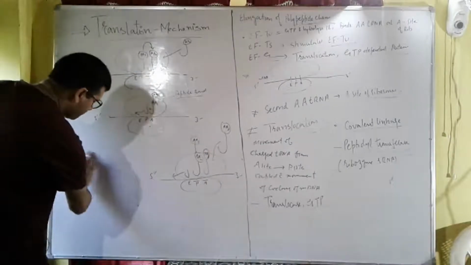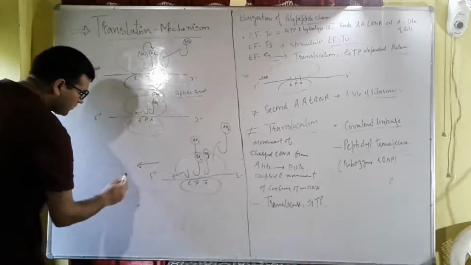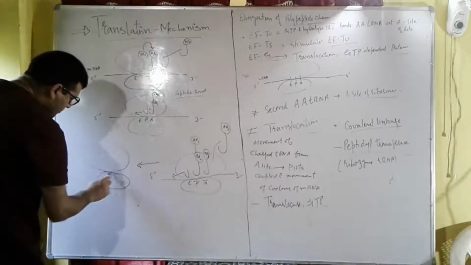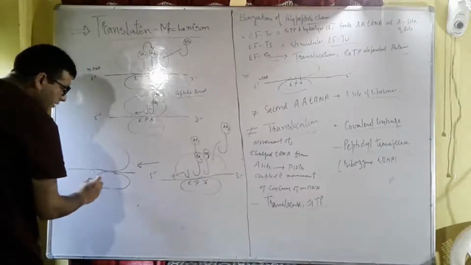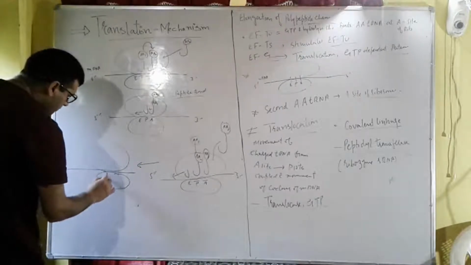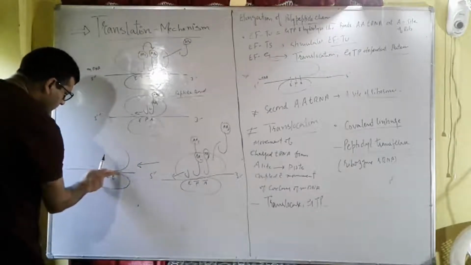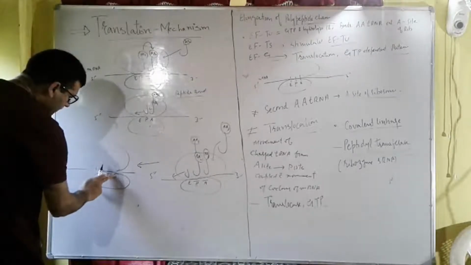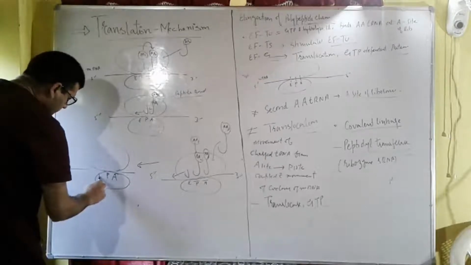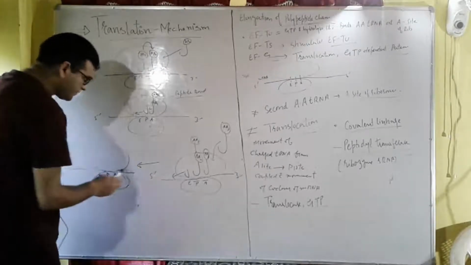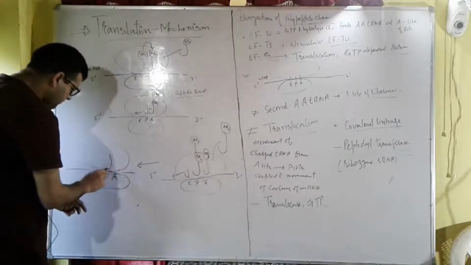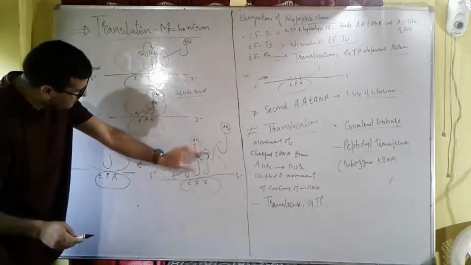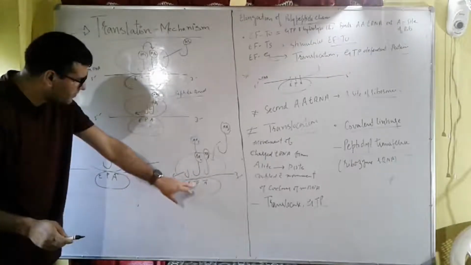It would be like this. Again, it would be like this. This is the small subunit of the ribosome, large ribosomal subunit. This is mRNA, P site, A site, E site. At the P site, the linkage between this dipeptide and the tRNA is broken.